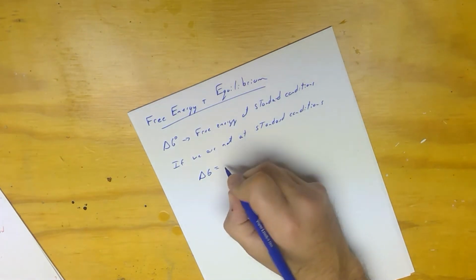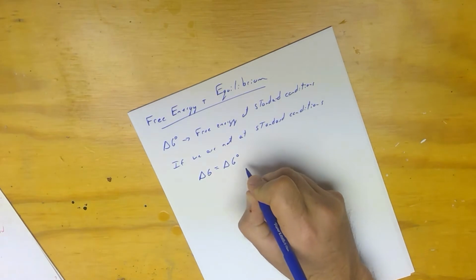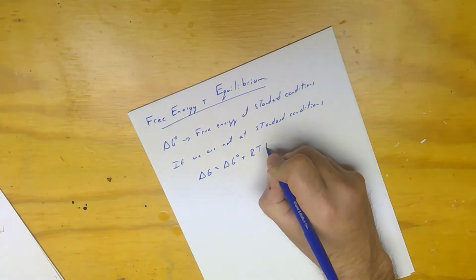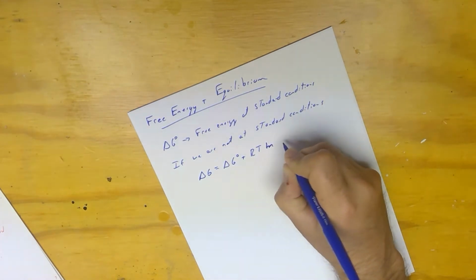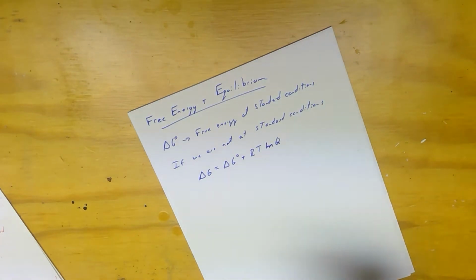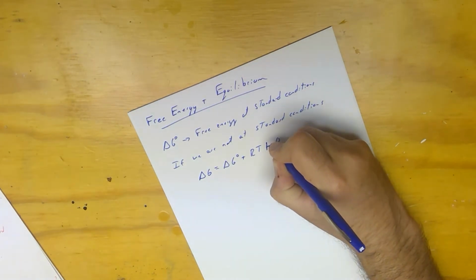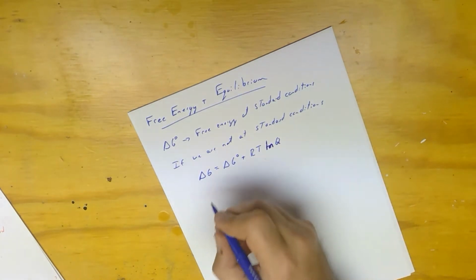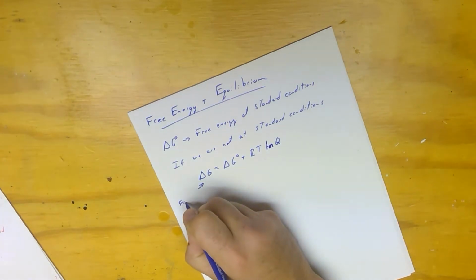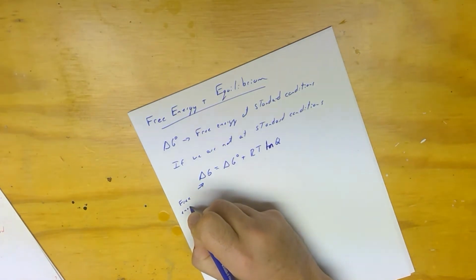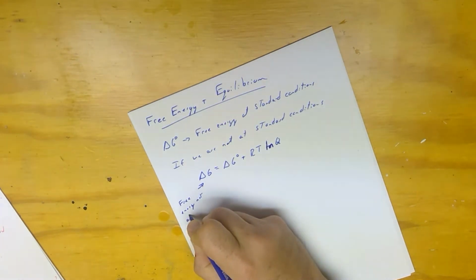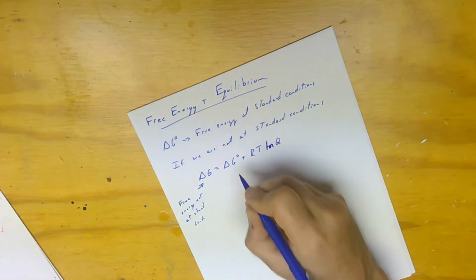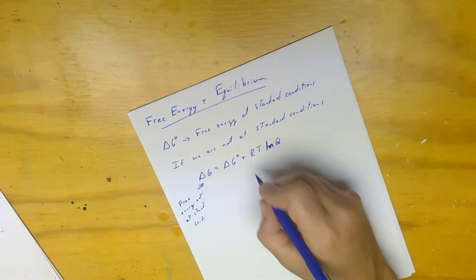So delta G is equal to delta G naught plus RT ln Q. It's ln, sorry. Okay, so this is our free energy not at standard conditions. This is our free energy at standard conditions.